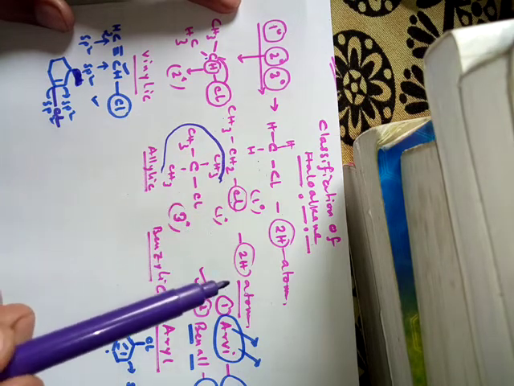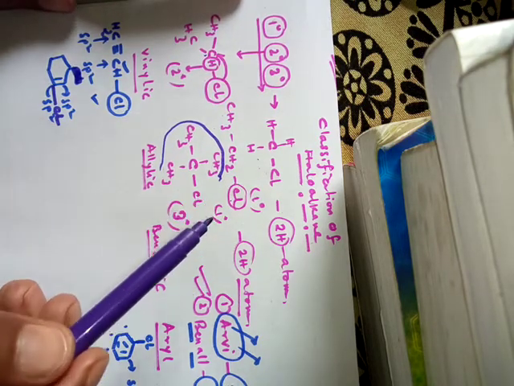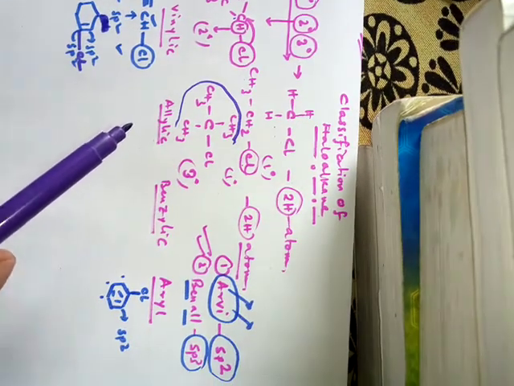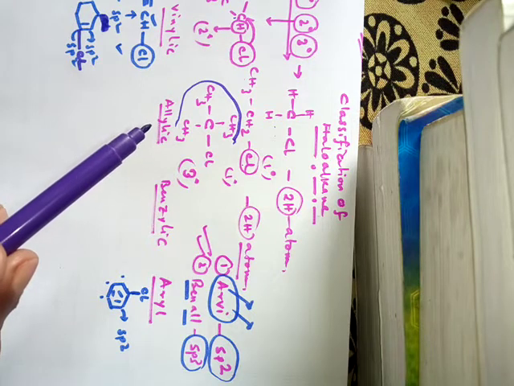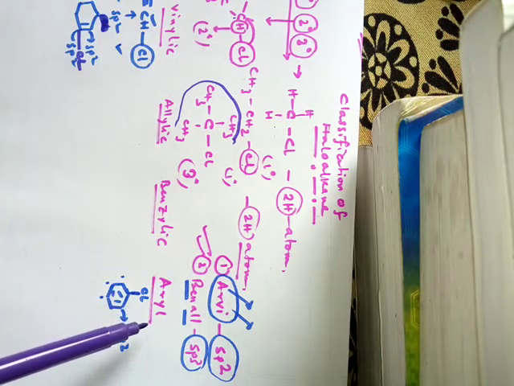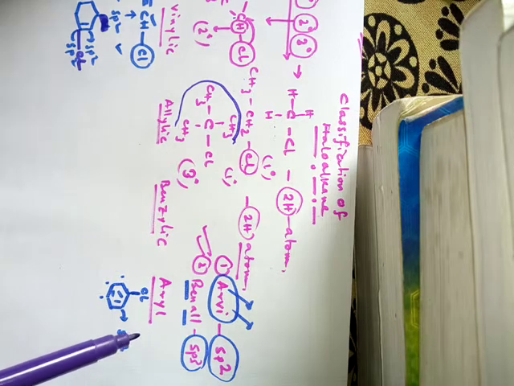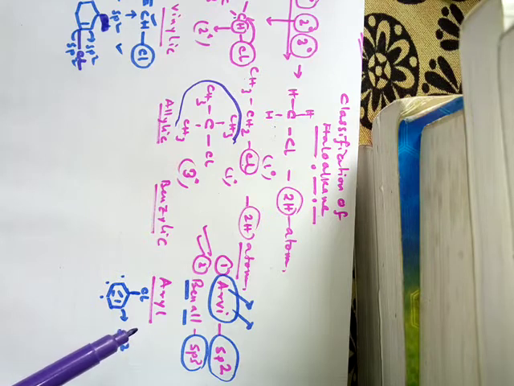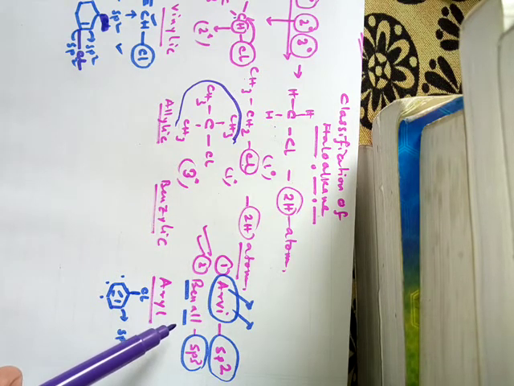But another problem arises when we see another kind of classification of haloalkanes, that is vinylic, allylic, benzylic and aryl halides. So how do we remember these 4 kinds of halides? I have a trick for you, and that is RV and benol.